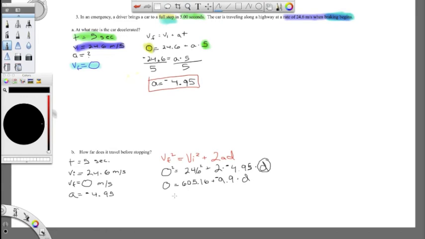Now, we're going to subtract 605.16 and put it on the other side.